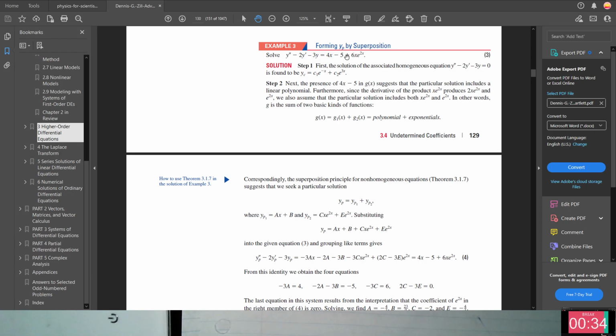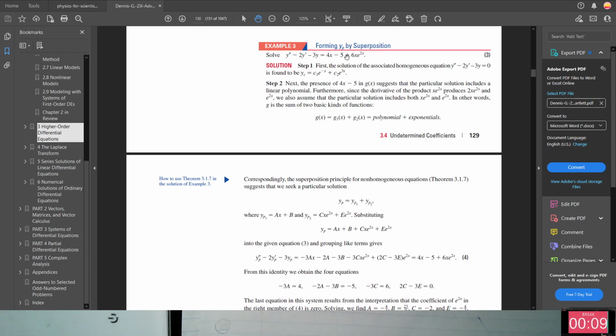Step 2: the presence of 4x minus 5 in g(x) suggests that the particular solution includes a linear polynomial. Furthermore, since the derivative of the product x e^(2x) produces 2x e^(2x) and e^(2x), we also assume that the particular solution includes both x e to the power of 2x and e^(2x).